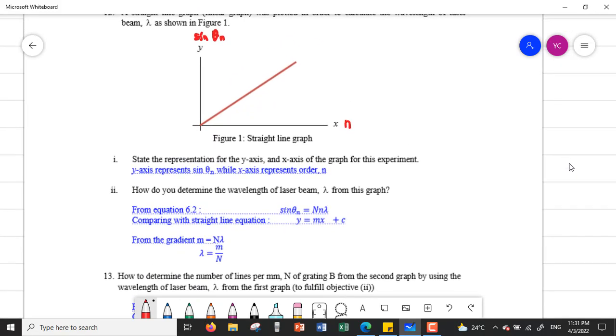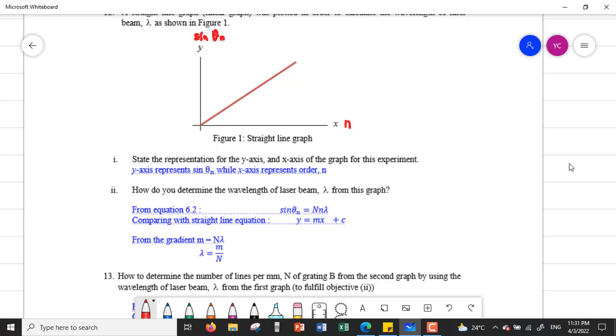So how do you determine the wavelength of the laser beam lambda from this graph? If we refer to equation 6.2 in the theory, we can relate sine theta with lambda, whereby we have sine theta equal to n lambda.